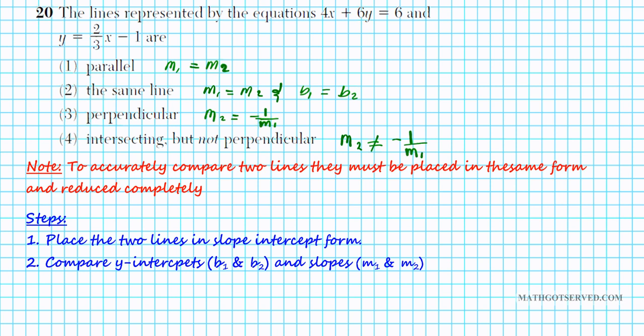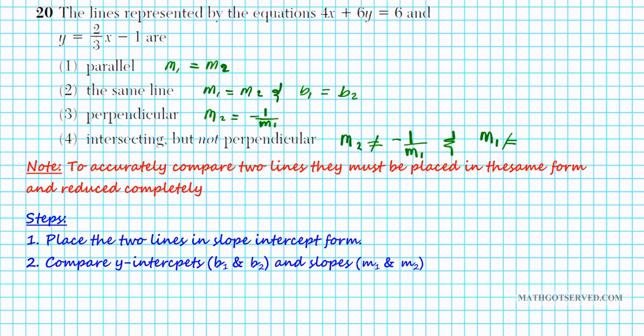Now, if we want to interpret intersecting as intersecting at a point, if two lines are not perpendicular and you want to ensure that they intersect, all you have to ensure is that the slopes are different. If two lines have different slopes, they must intersect somewhere. The question is, is your intersection going to be at 90 degrees or not?